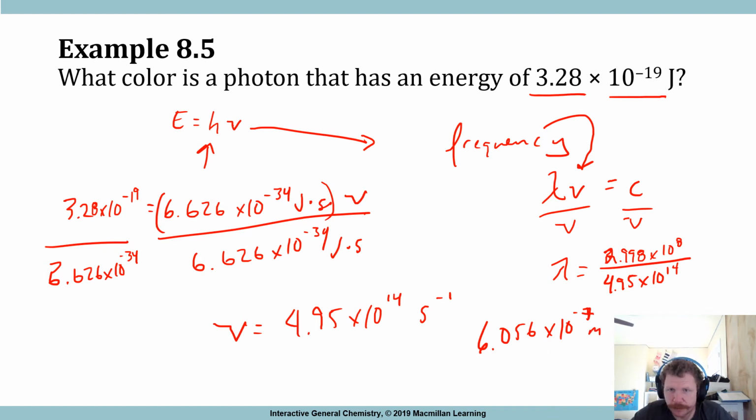That's in meters, so I can change this to 606 nanometers. This is the sort of question that, if you had it on an exam, I would give you reference colors. But I can tell you that 606 nanometers is orangish. I'm just going to say orange-ish, and that would be good.